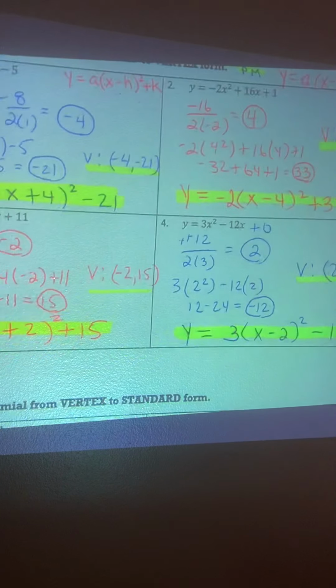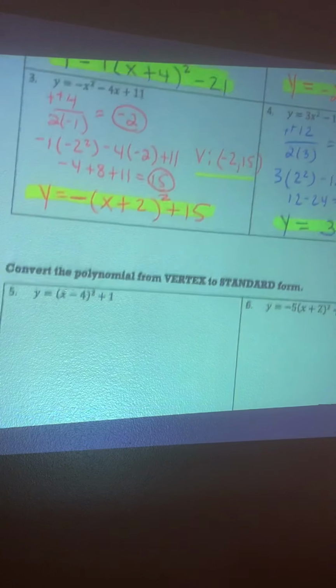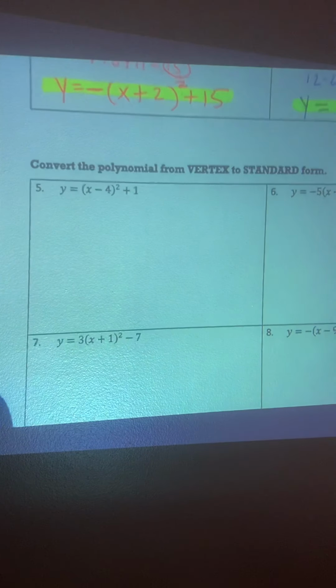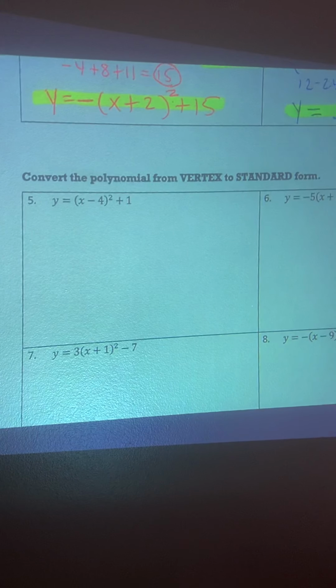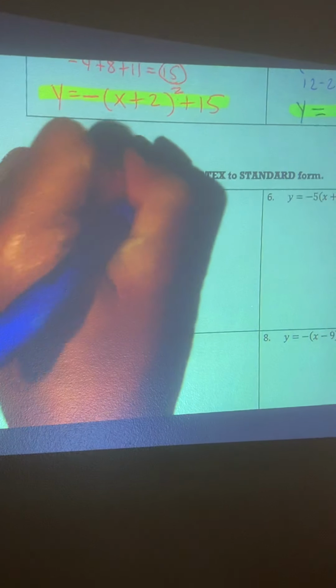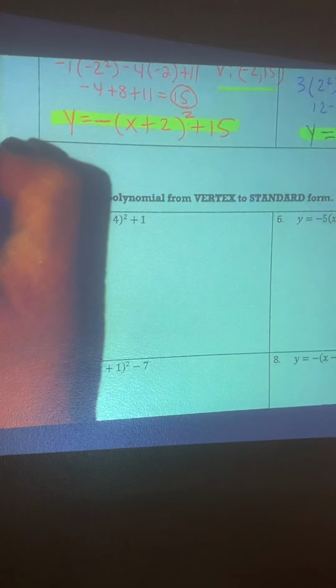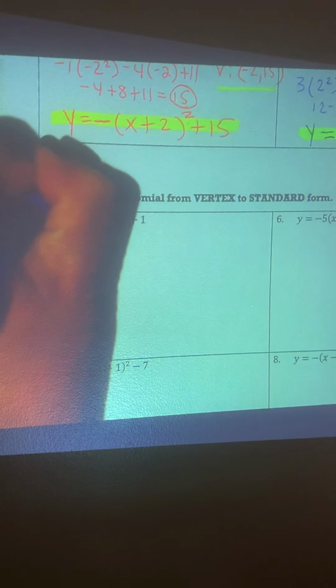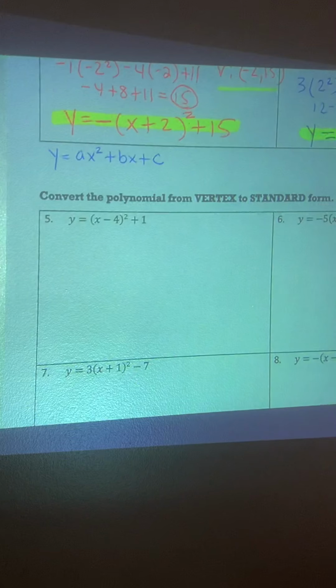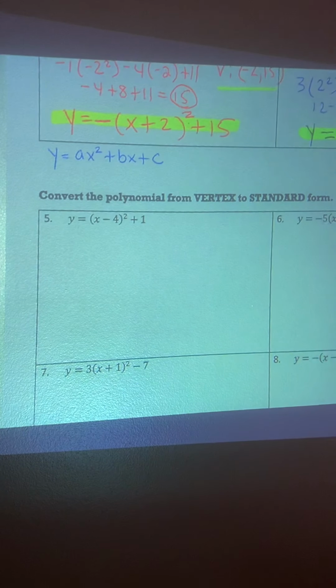Next, 4 problems going from vertex to standard. Going from vertex to standard, we have 3 steps. First of all, standard form is y equals ax squared plus bx plus c. There's my standard form. In order to get there, we need to do 3 things.